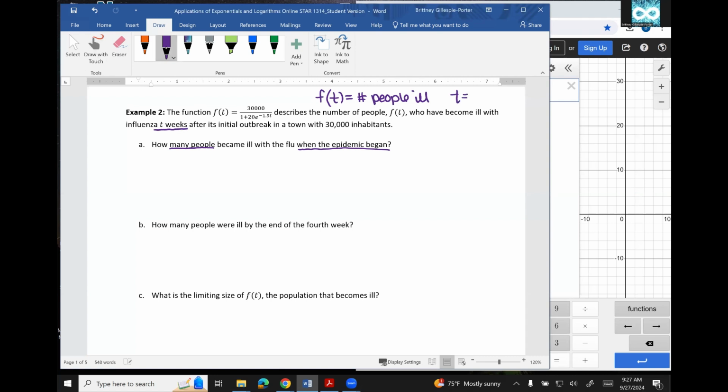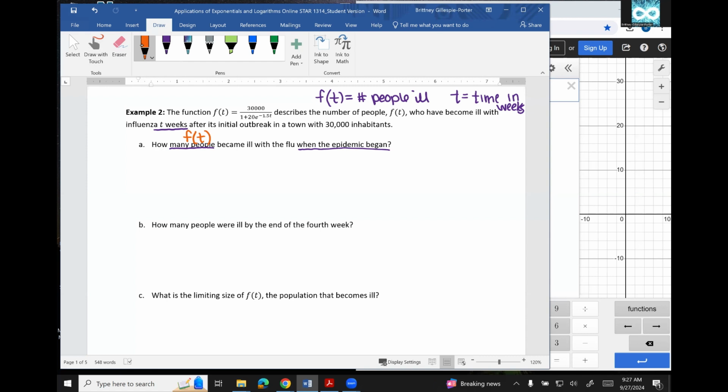So t equals time in weeks. When we're looking at our first one and it says how many people, that means that we are going to find f of t, the people who became ill with the flu when the epidemic began.